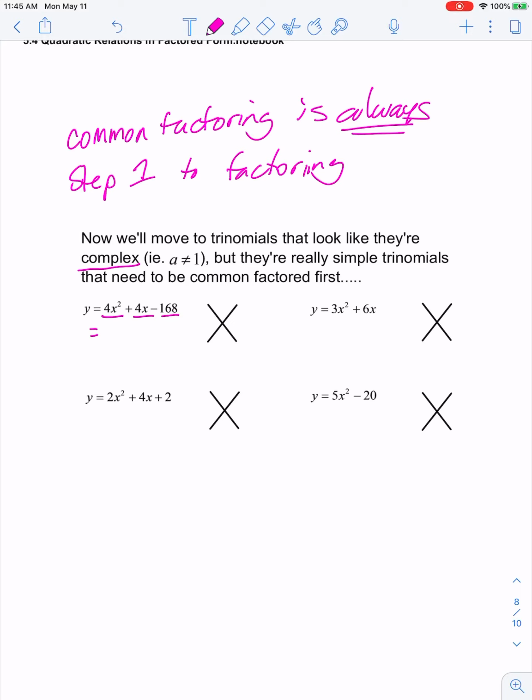So we can take a 4 out of all this, so that's going to be 4, x squared plus x, and then 168 divided by 4 is minus 42. Now we're looking for two numbers that multiply to give us negative 42 and add to give us 1. Think about it. Stop the video if you want.